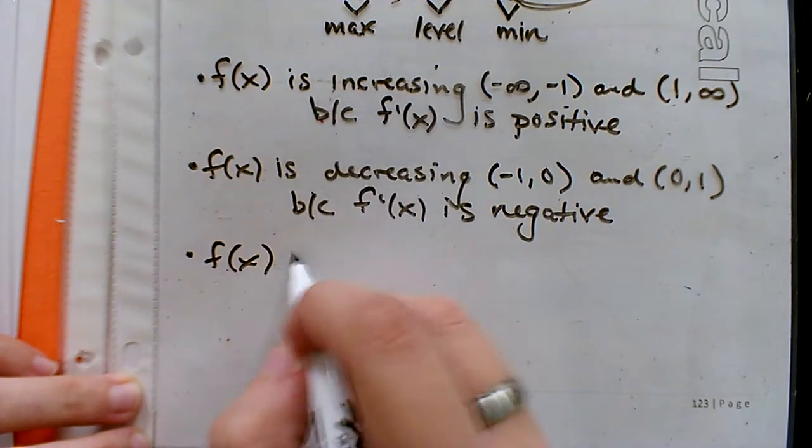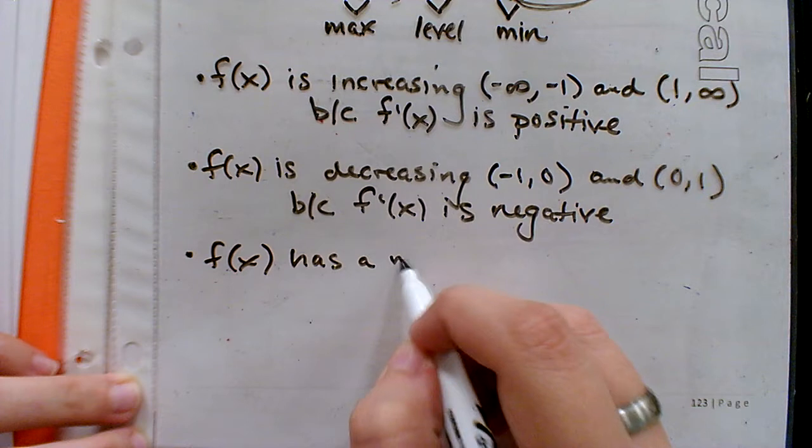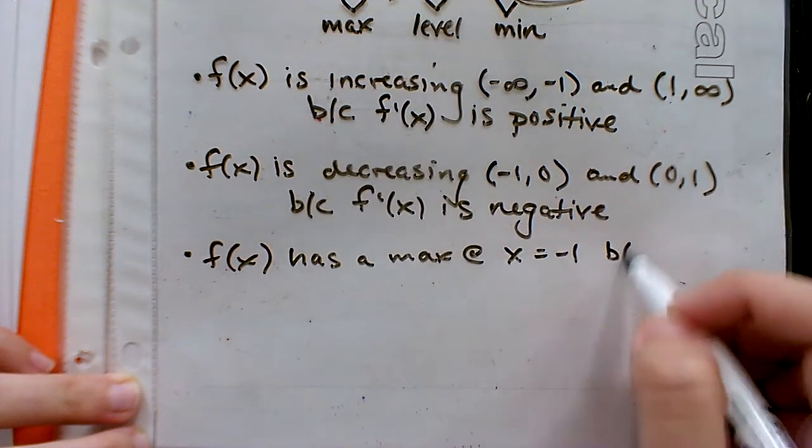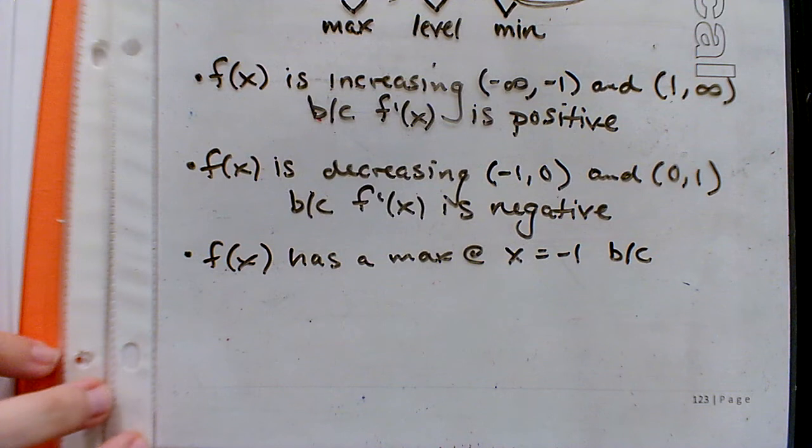So f of x has a max at the x value of negative 1 because, based off the chart, you could use two reasons. The original function changes increasing to decreasing, or you could say the derivative changes positive to negative.